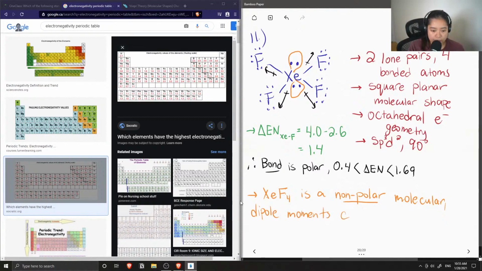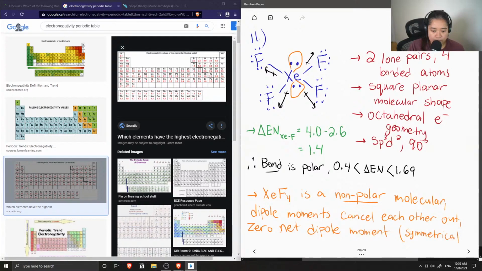So the dipole moments cancel each other out. Another way of saying this is that we have a 0 net dipole moment, and we can say this is because we have a symmetrical molecular shape.